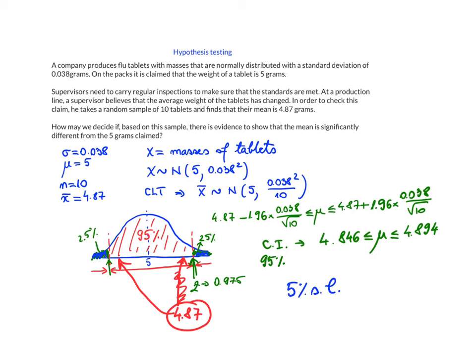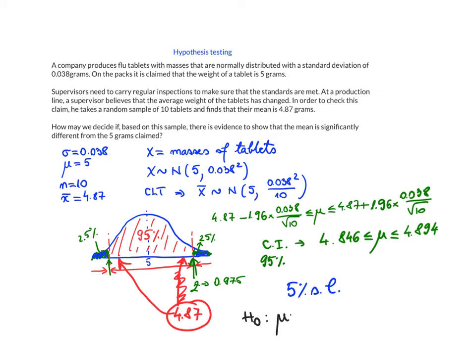What we've done actually is hypothesis testing. Let us formalize a bit what we've done. So in hypothesis testing, we have 2 contradictory hypotheses under consideration. One hypothesis in the example above is that the mean is 5, mu equals 5. We call it H0, the null hypothesis.